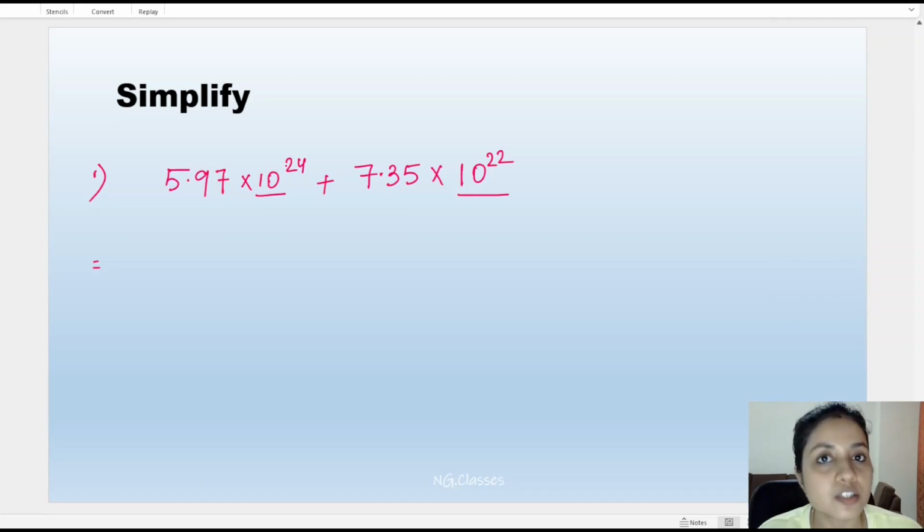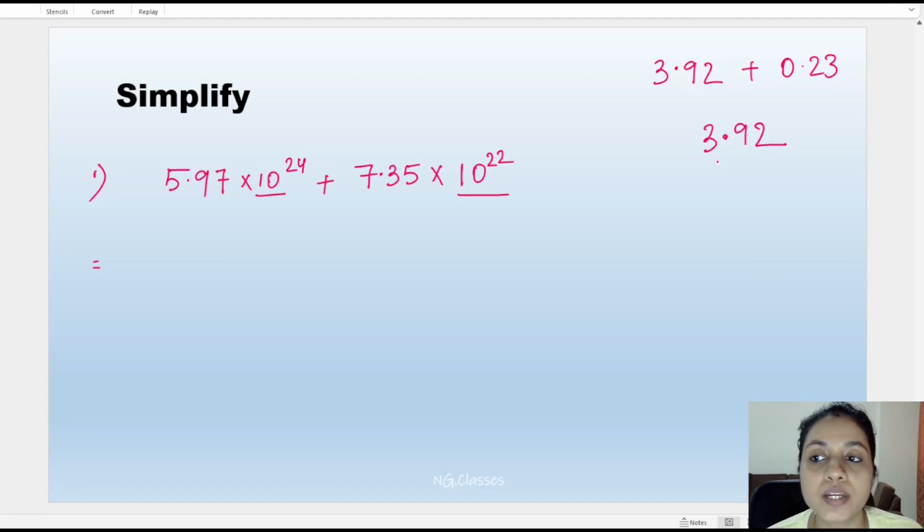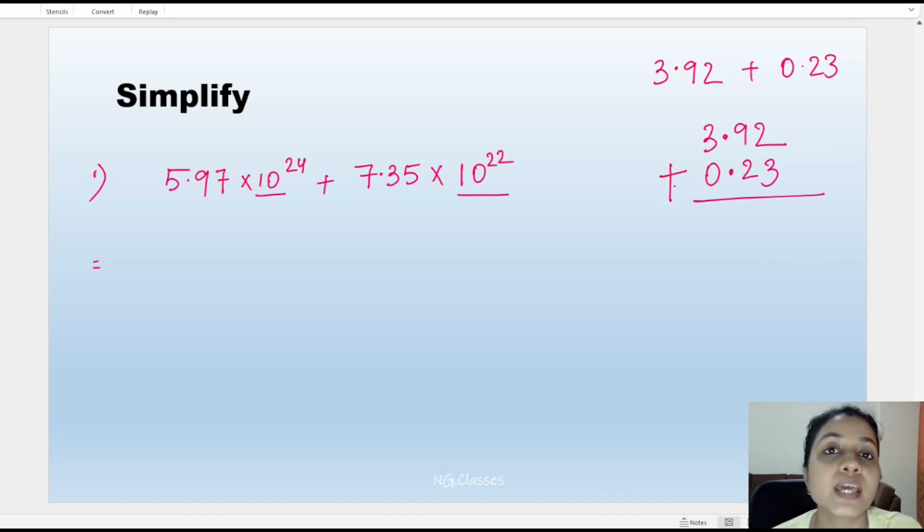You must have learnt in decimal addition that when we add 3.92 with 0.23, we write decimal below decimal, and only then can we add both decimal numbers. Here the number of zeros and powers are different, so we cannot add them directly.